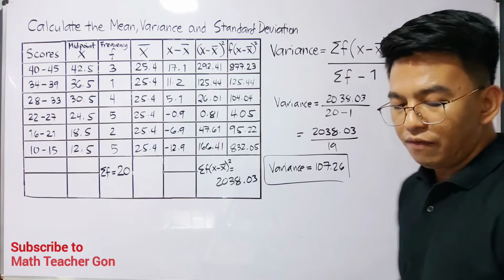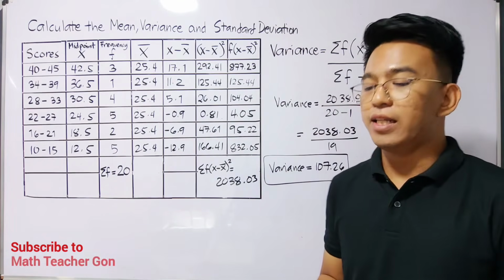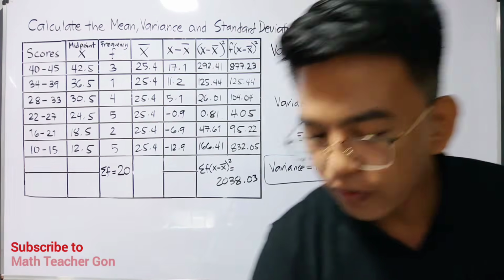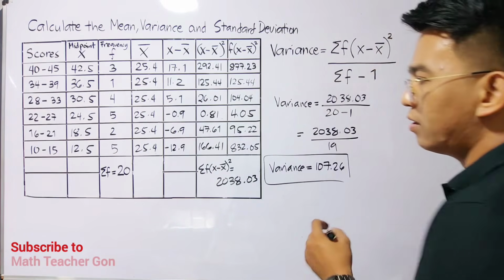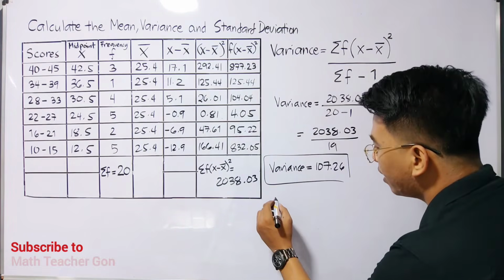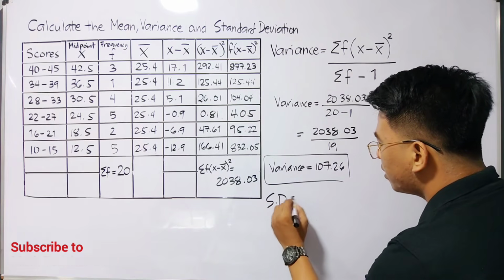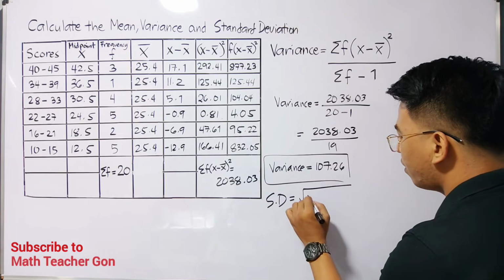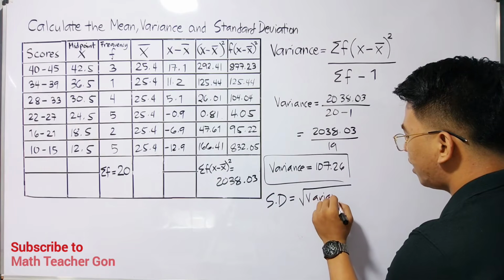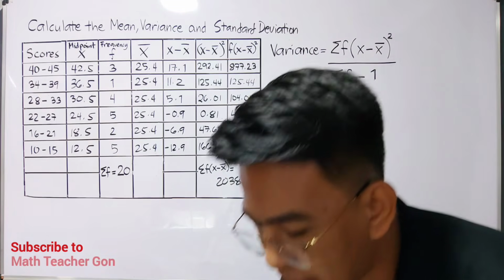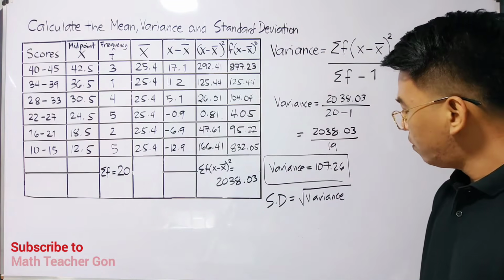Okay? Now, if i-continue natin yung video natin, yung ating standard deviation naman, so saan mo pa pwedeng ilagay? Dito na natin lagay. Standard deviation is equal to the square root of your variance. Continue natin dito. Hindi natin pahabain pa. Now, so paano nga?